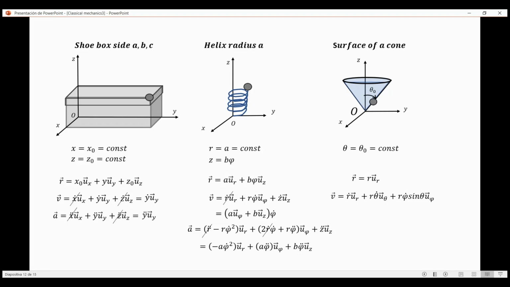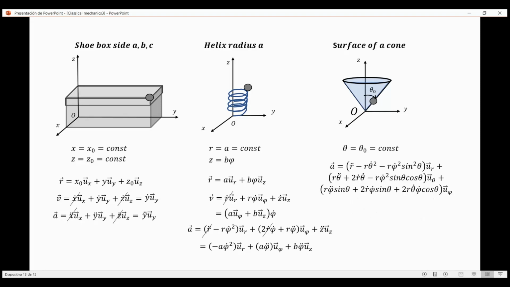The velocity in spherical coordinates is this, but theta is constant. And if we just substitute theta by theta 0, we get this here. And for the acceleration, we take the expression, and then we substitute theta dot equal to 0, sine of theta by sine theta 0, and cosine of theta by cosine theta 0. So we would finally get this here. And this is the expression of the acceleration of a particle moving on the surface of a cone.